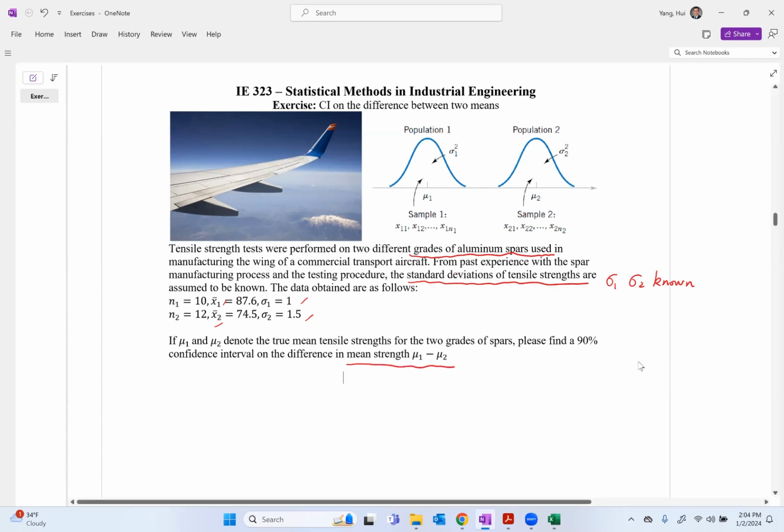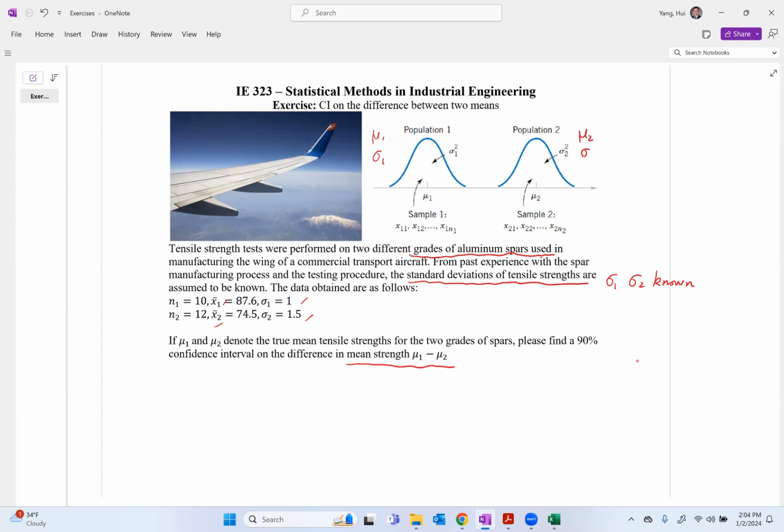So in this case, we have two populations, two different grades of aluminum spars. We know the populations have mu1 and sigma 1, and mu2, sigma 2. And then we have sample 1 and sample 2. In sample 1, we have x1 bar and s1, the standard deviation.